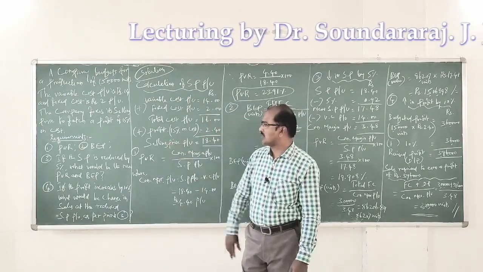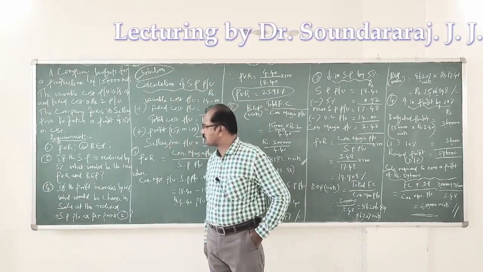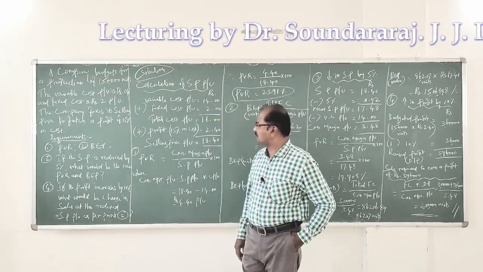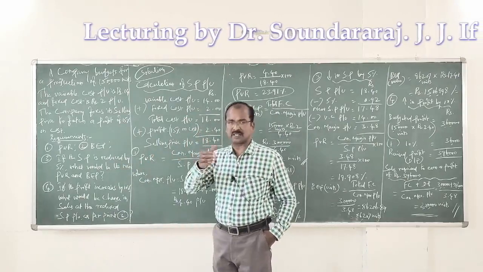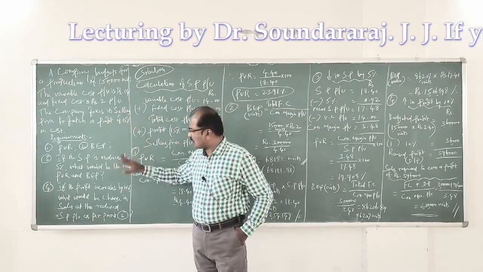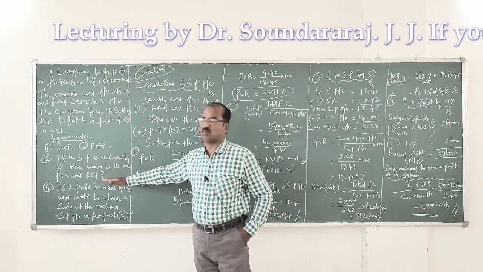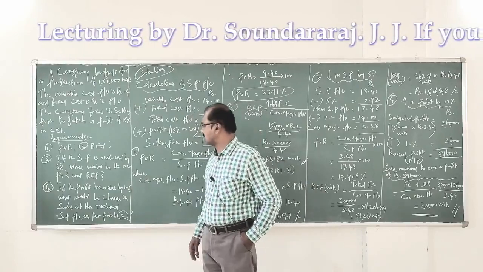Now what about the requirements in the problem? We are asked to calculate profit volume ratio, break-even point, then the next one, if the selling price is reduced by 5%. We will first calculate selling price from the given information in the problem. Followed by, we will revise the situation, where we will bring down the selling price by 5%.